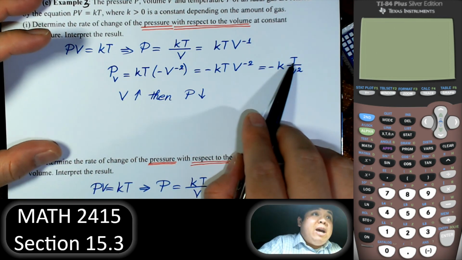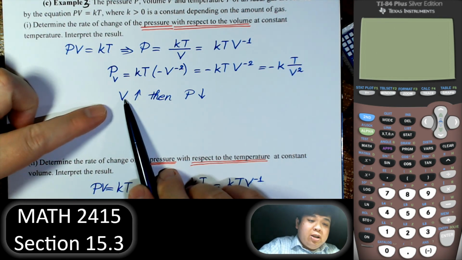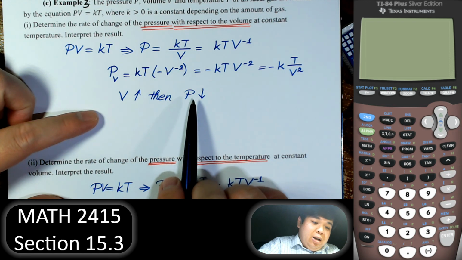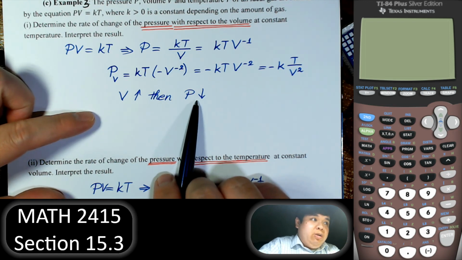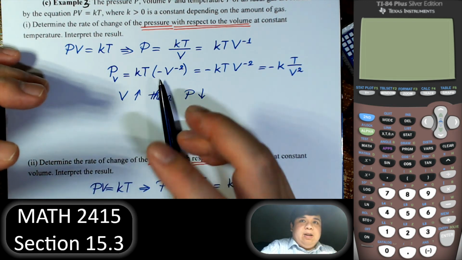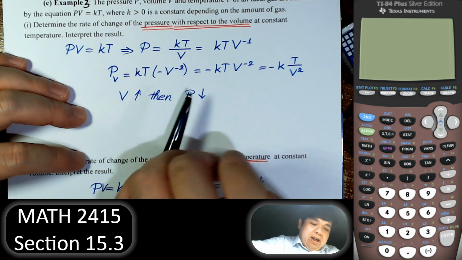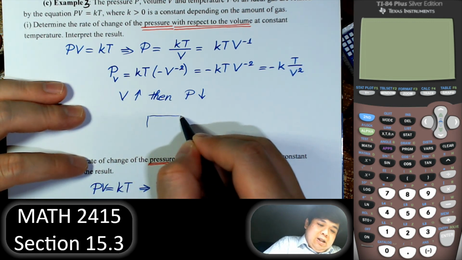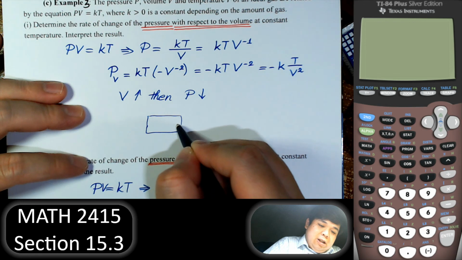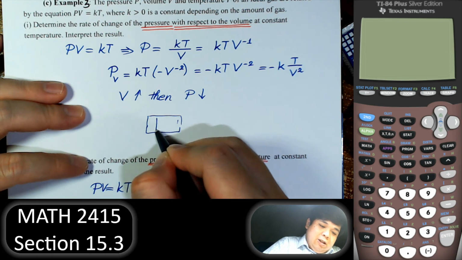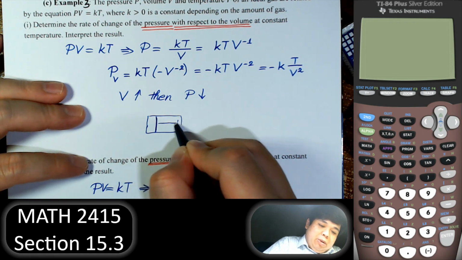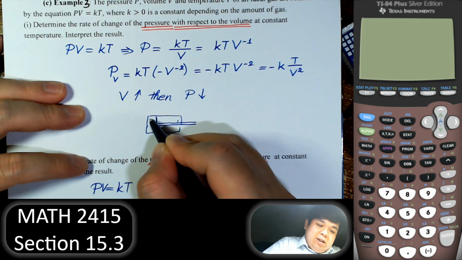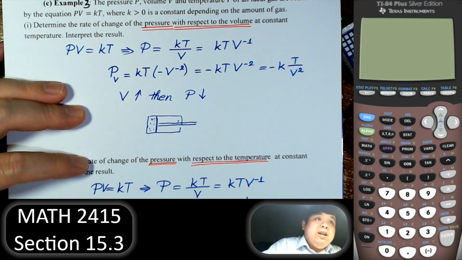Constant temperature, volume increases, the pressure will decrease. See, we have the piston with the same amount of air.